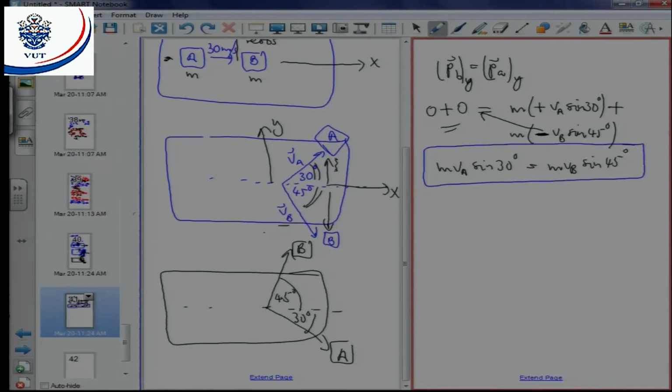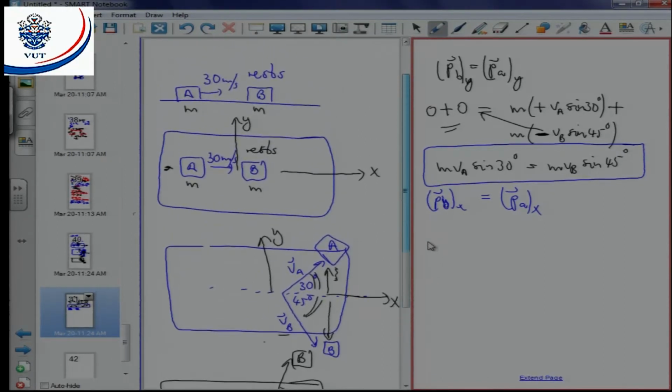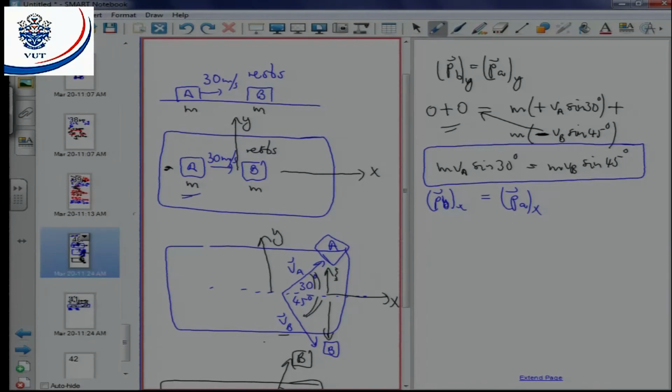And then our second equation, we just use conservation of momentum in the x direction. So momentum before in the x direction equals momentum after in the x direction. So before, the momentum in the x direction is just for A. So we've got, let's call this speed V naught.